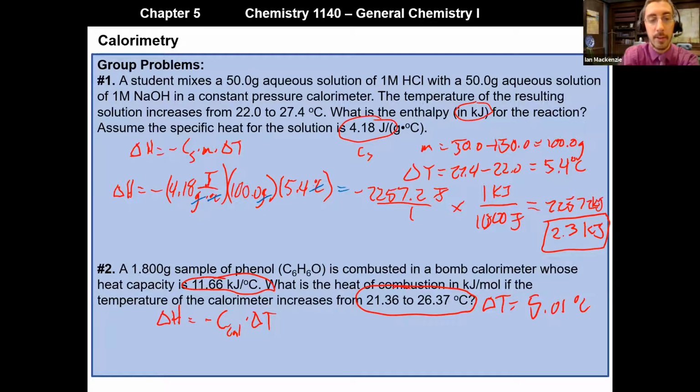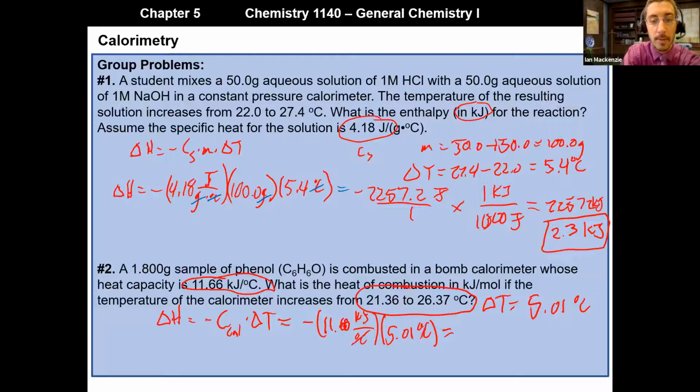I can just plug these values in, and negative 11.66 kilojoules per degree Celsius times 5.01 degrees Celsius.